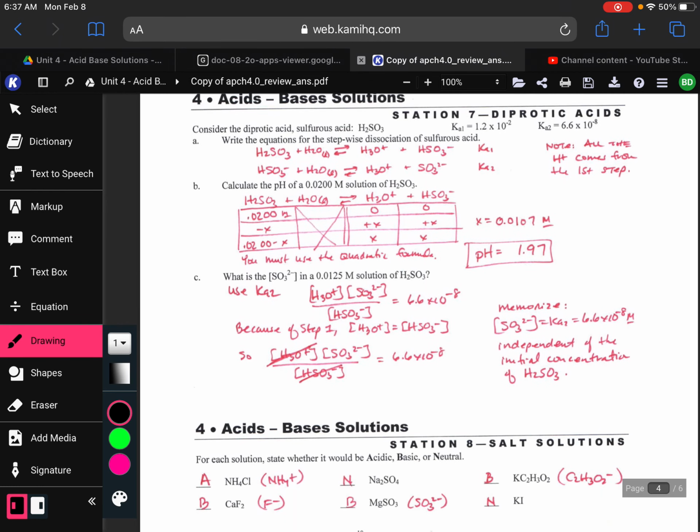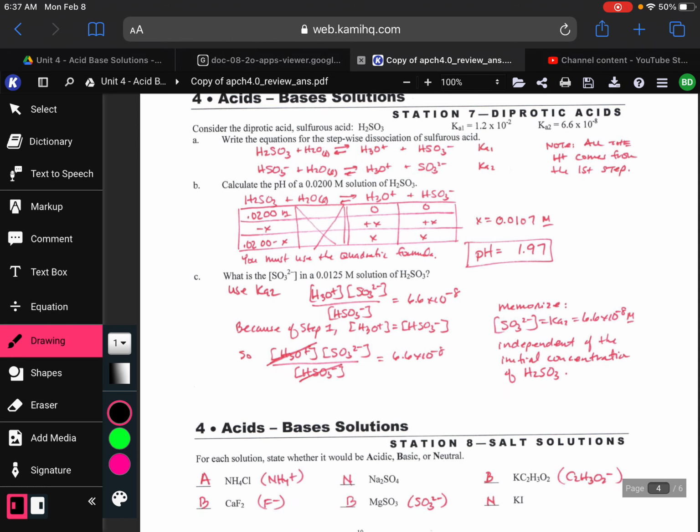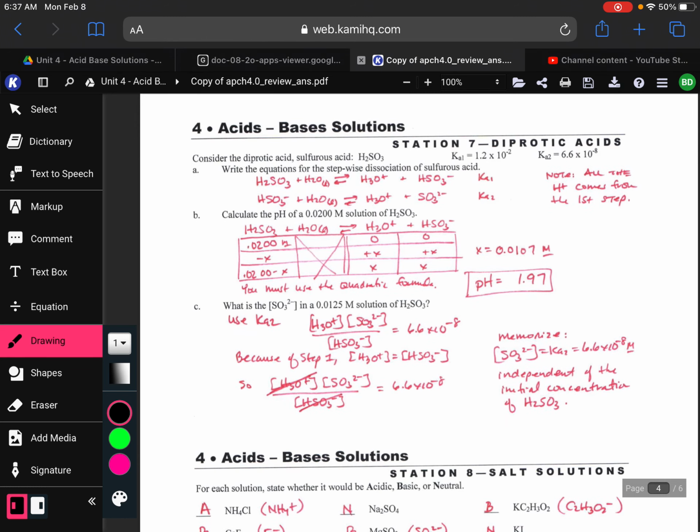Diprotic acids, remember, basically every single time you have a diprotic acid, it's like a mixture of weak acids, but the K values are going to be so far apart you only have to worry about the first one. So they did the 2 equations for each hydrogen up top, but then when they did the pH, they only worried about the first one.